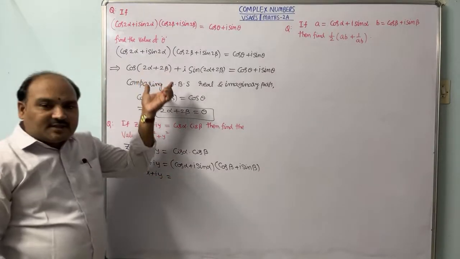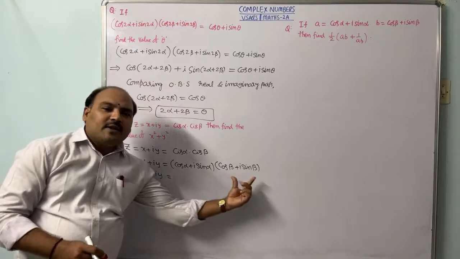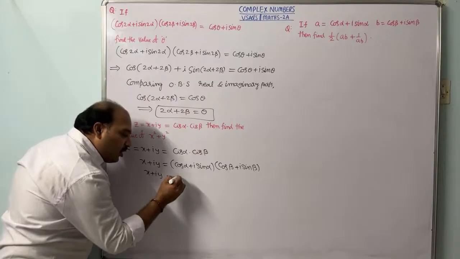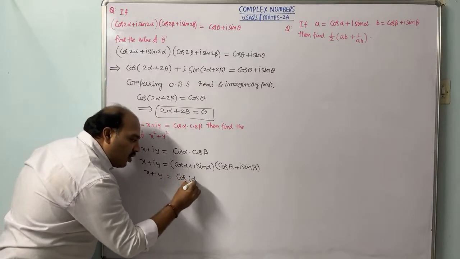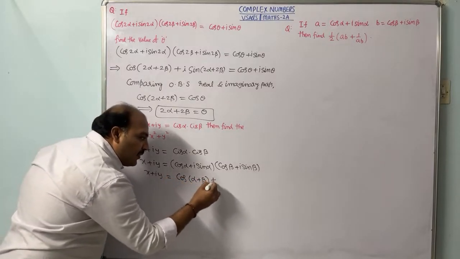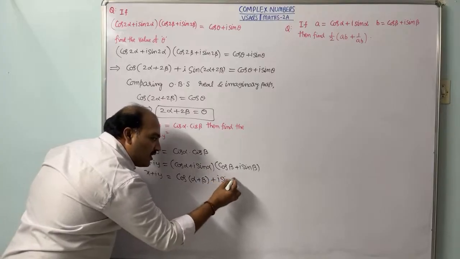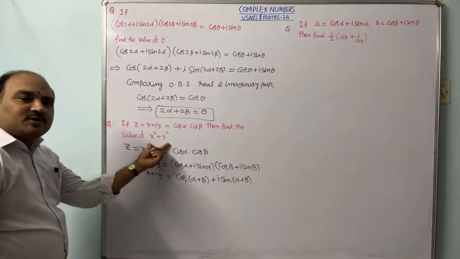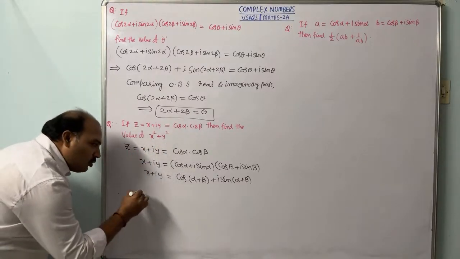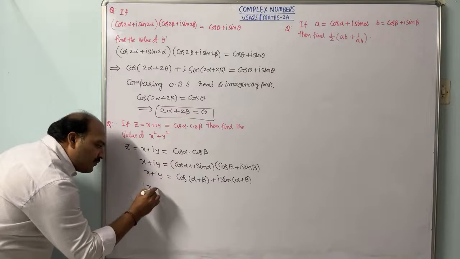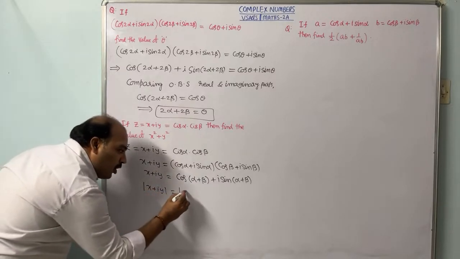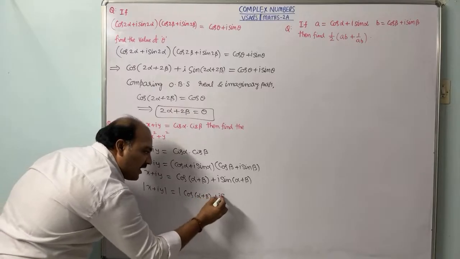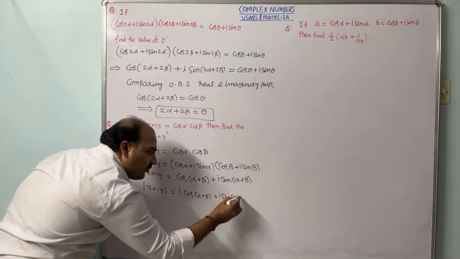Just now I discussed the product of two complex numbers with different angles: we write the sum of angles with cos and sin. Cos of (α + β) plus i sin of (α + β). They are asking to find x² + y². So taking modulus on both sides, modulus of x + iy is equal to modulus of cos(α + β) + i sin(α + β).